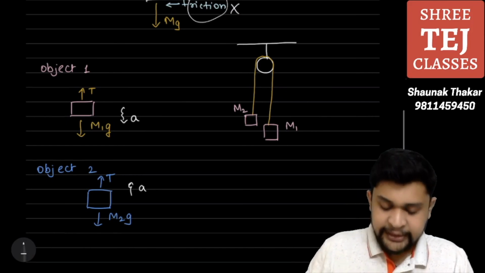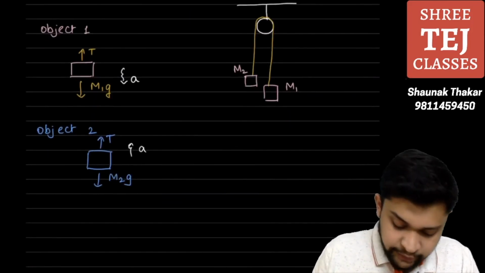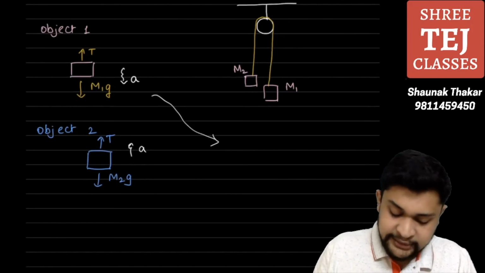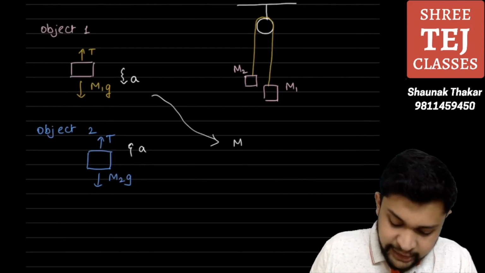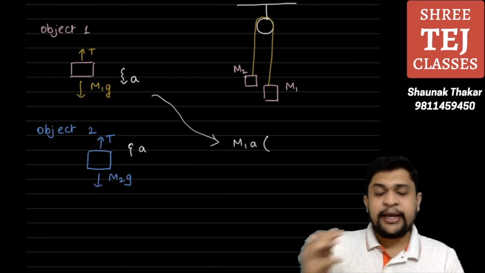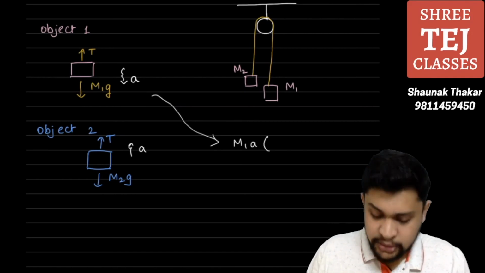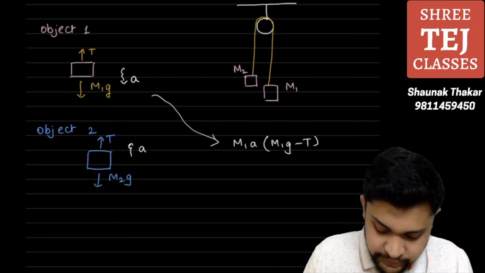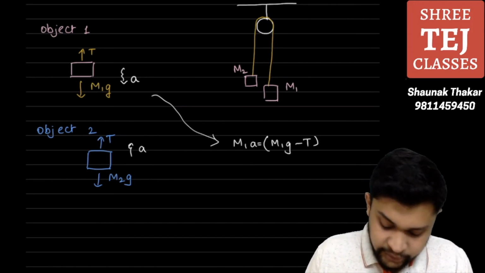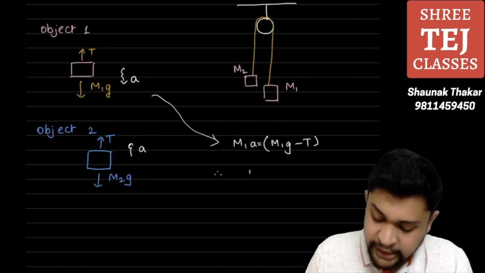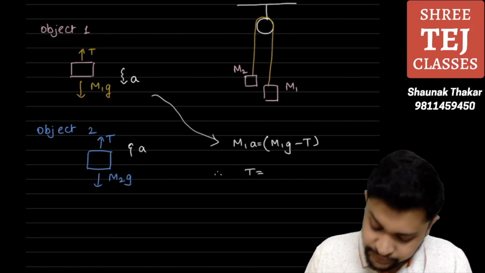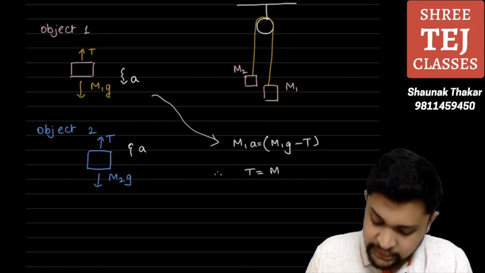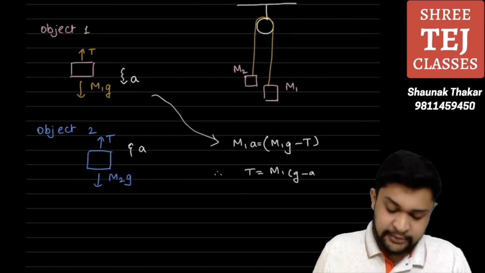So let us write the individual equations. For object 1, mass m1 times acceleration a will be the net unbalanced force. So it will be m1g minus T, and therefore we will get T is equal to m1(g minus a).